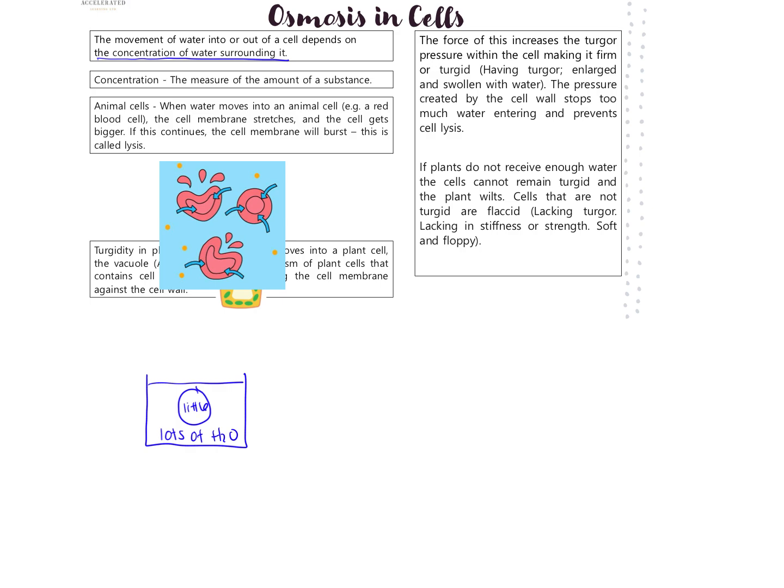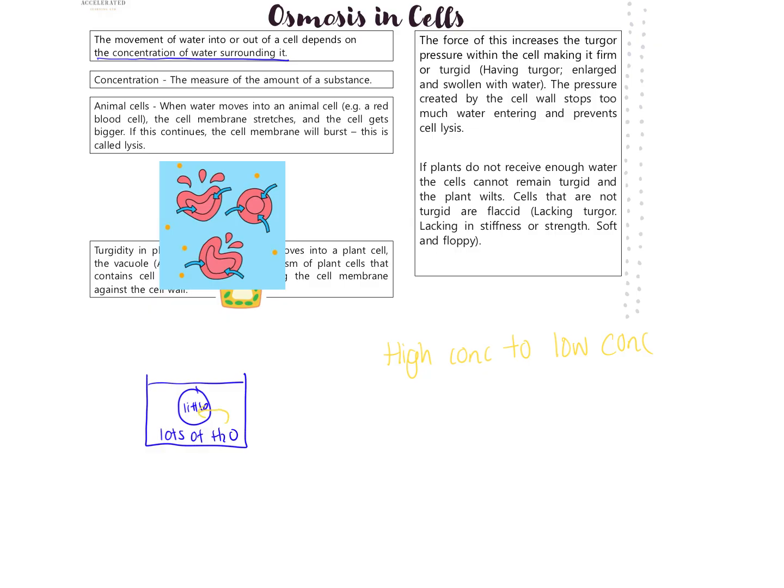Is it going to go from my beaker into my cell, or from my cell into my beaker? So always think osmosis is about going from high concentration to low concentration. So would it be from the beaker into the cell? Absolutely. I'm always going to go from high concentration to low concentration, so I'm going to go from there into there.